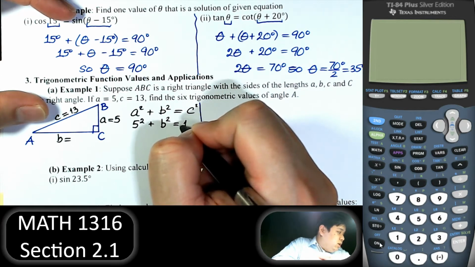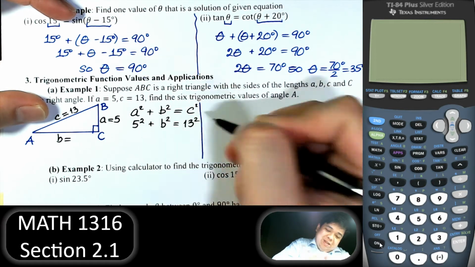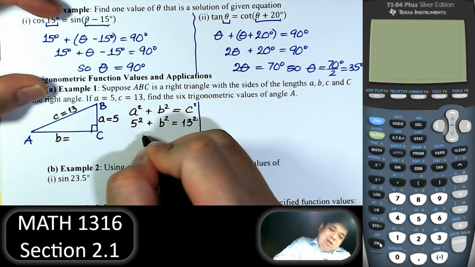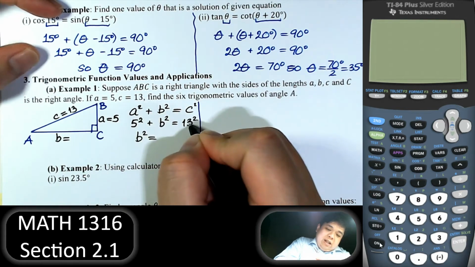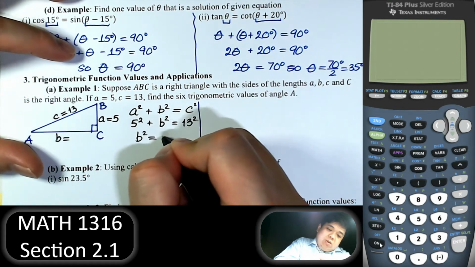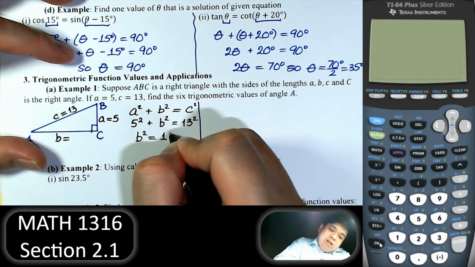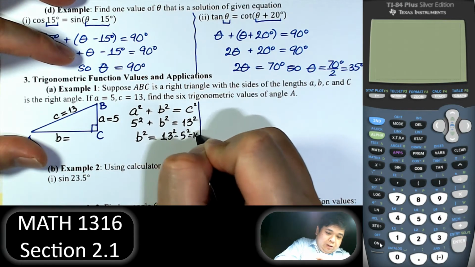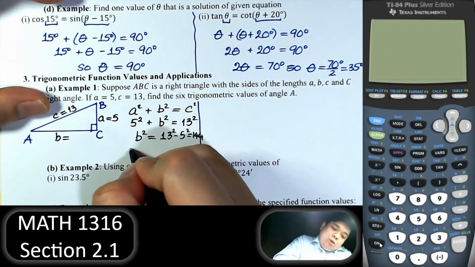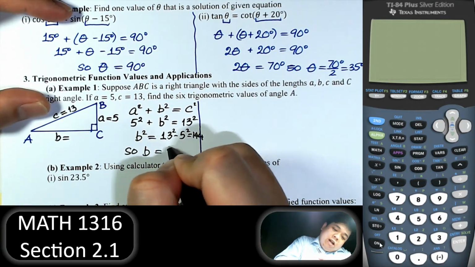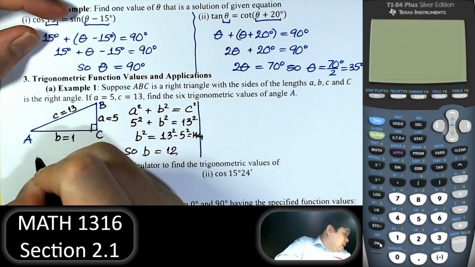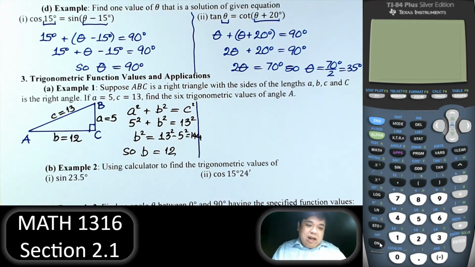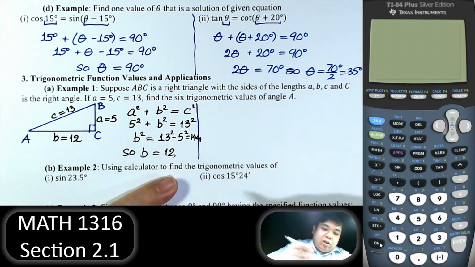Actually, we just did this, right? So b squared is 13 squared minus 5 squared, so that's 144. So b is equal to the square root of that, which is 12. Yeah, this is exactly like the first example. But now we define all 6 trig functions.